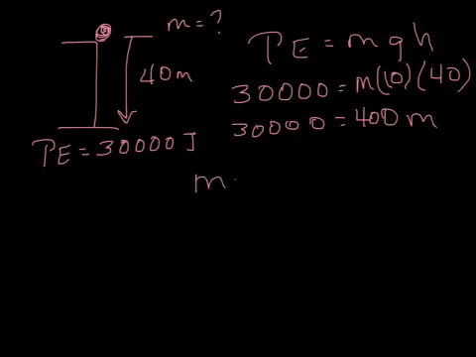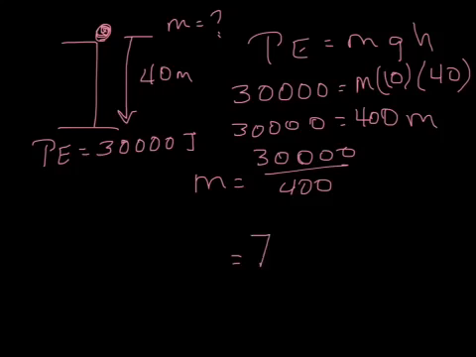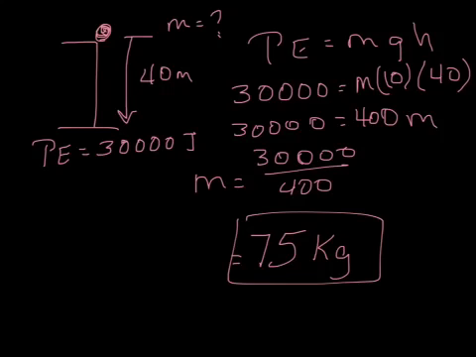So our mass is equal to 30,000 divided by 400, which is 75 kilograms. So the mass of the rock is 75 kilos. And if it is setting 40 meters above the earth, it has a potential energy of 30,000 joules.